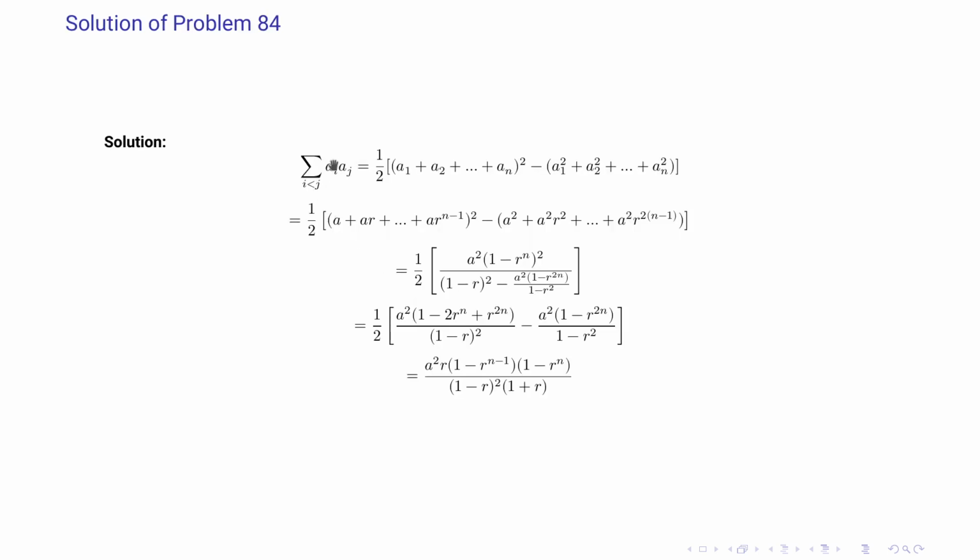So you might remember from the cyclic equations in your earlier classes that sigma aiaj, where i is less than j, is equal to half of the bracket a1 plus a2 up to an whole square minus a1 square plus a2 square plus up to an square.